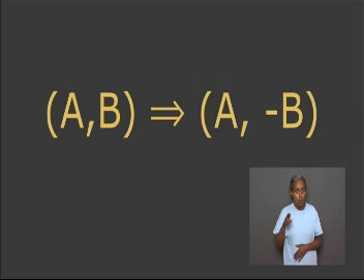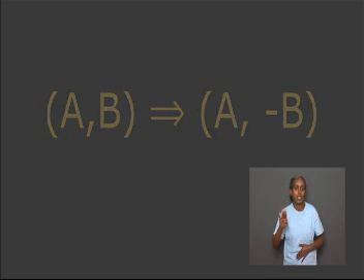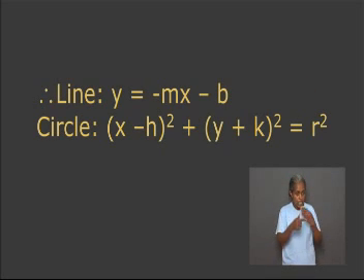All of the y-coordinates will become inverted. The coordinates A, B will become A, negative B. Therefore, the images of the line and the circle would be expressed this way.